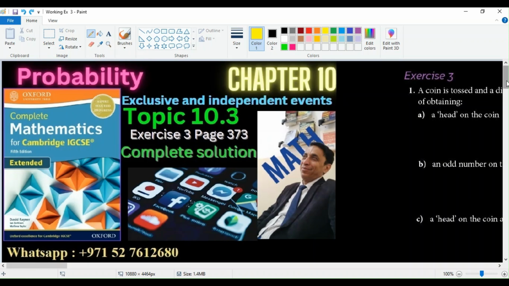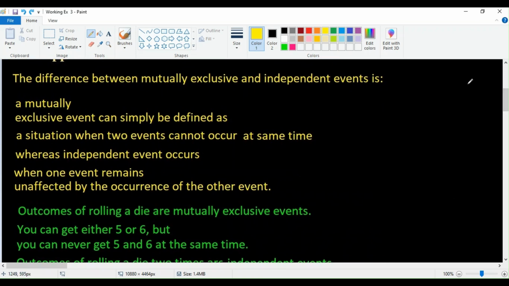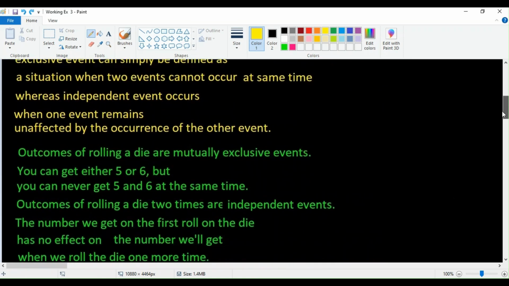Before I go to exercise 3, I would like to tell you the difference between mutually exclusive and independent events. A mutually exclusive event can simply be defined as a situation when two events cannot occur at the same time, whereas an independent event occurs when one event remains unaffected by the occurrence of the other event.